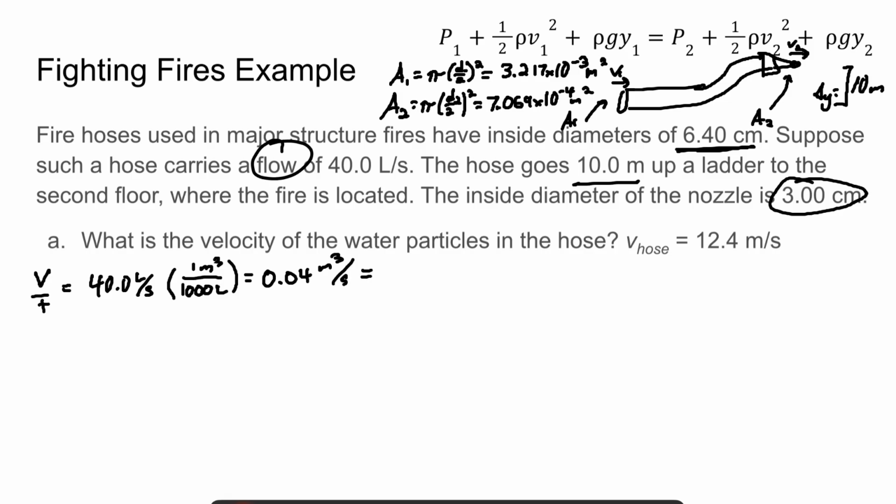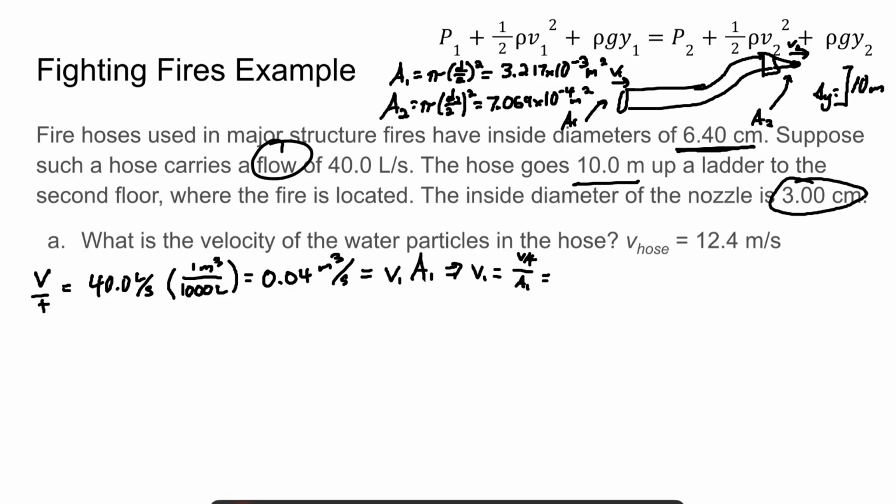We know that equals the velocity of the water particles moving through the hose times the area of the hose. So if we want to find the velocity of the water particles in the hose, V1 will equal our volume flow rate, V over T, divided by the area within the hose.